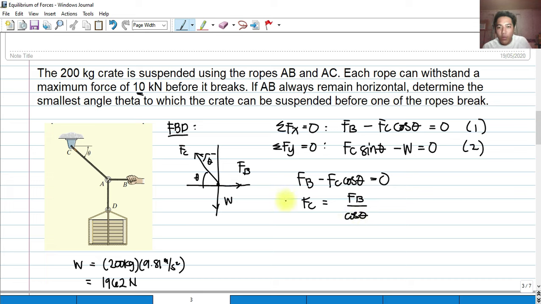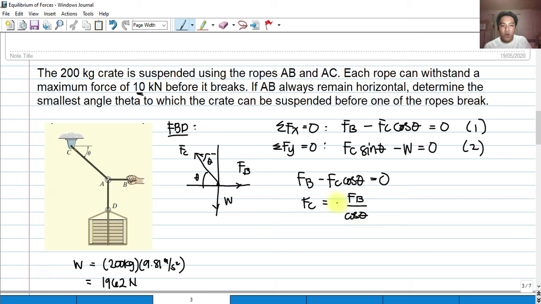A quick observation for our equation 1: F sub C equals F_B over cosine theta. This theta is not greater than 90. It's an acute angle.